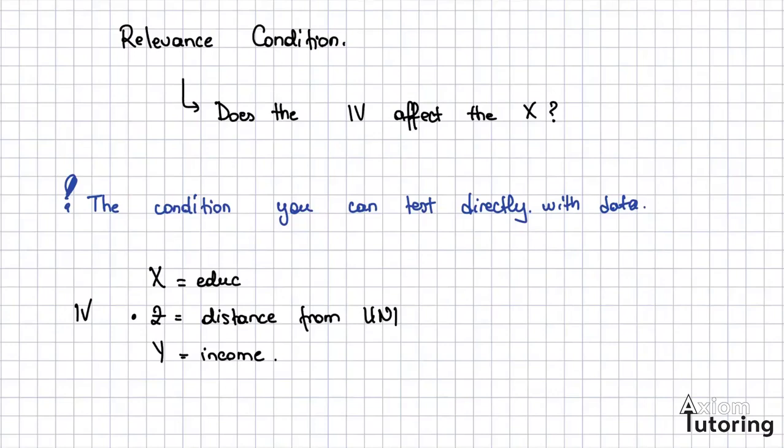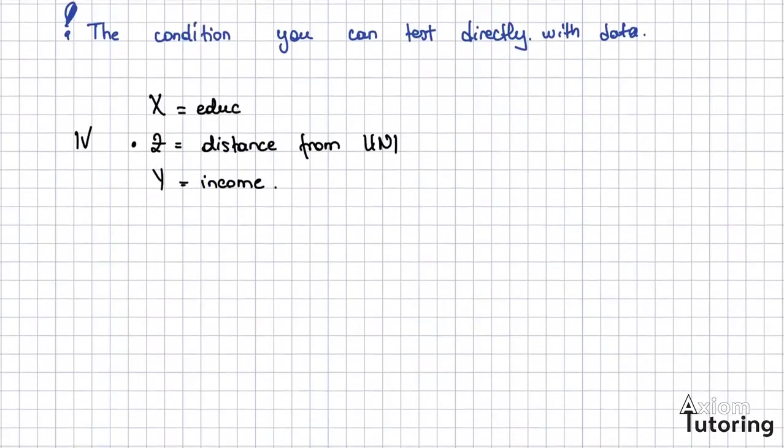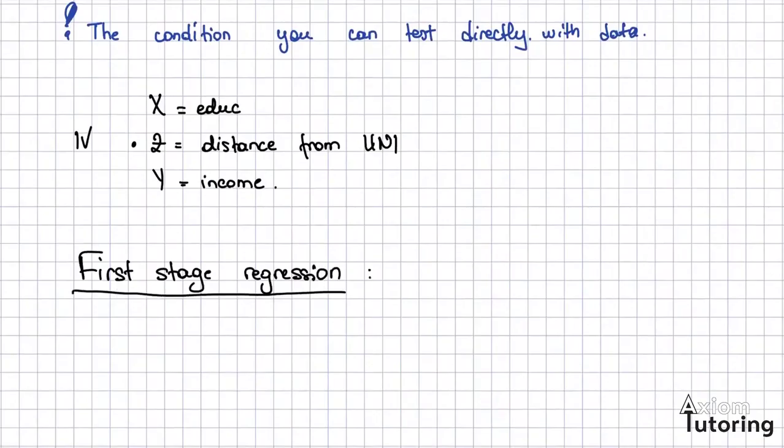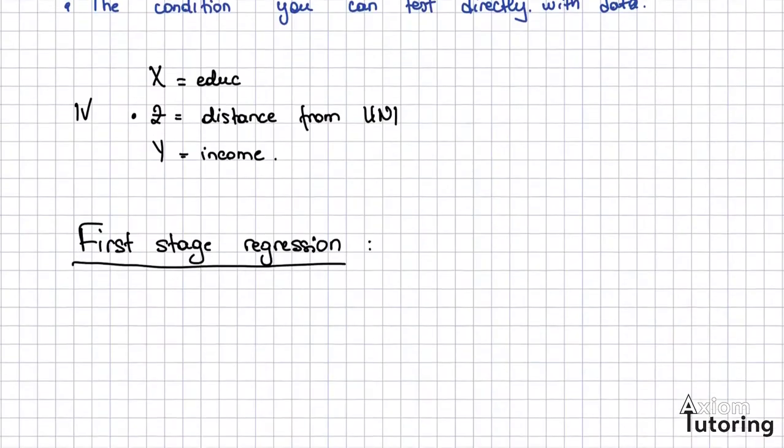To test relevance, we need what we call a first stage regression. In a first stage regression, we take our x variable and run a regression of it on z, the instrumental variable.